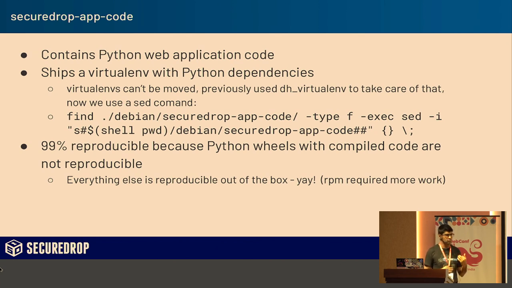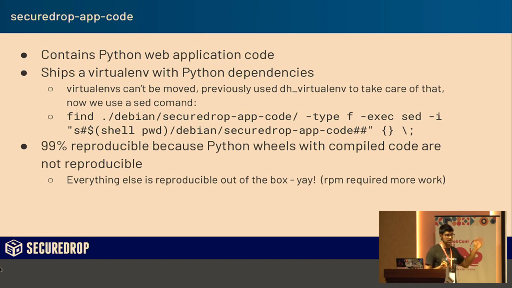So there's a tool out there called dh-virtualenv, and I think it was originally created by Spotify, that takes care of relocating the virtualenv into the correct destination. But it was buggy. I did the last NMU on it and fixed 2 serious RC bugs, and it missed the last two Debian releases, and it was really overkill for what we needed.